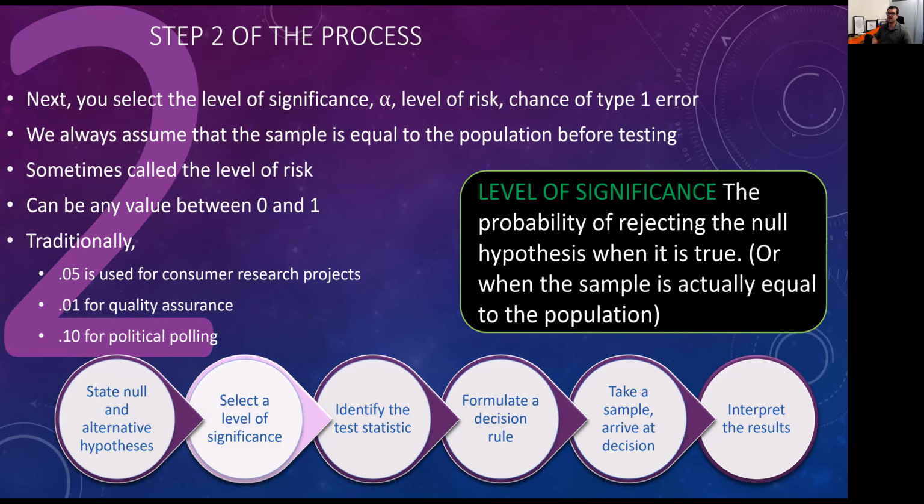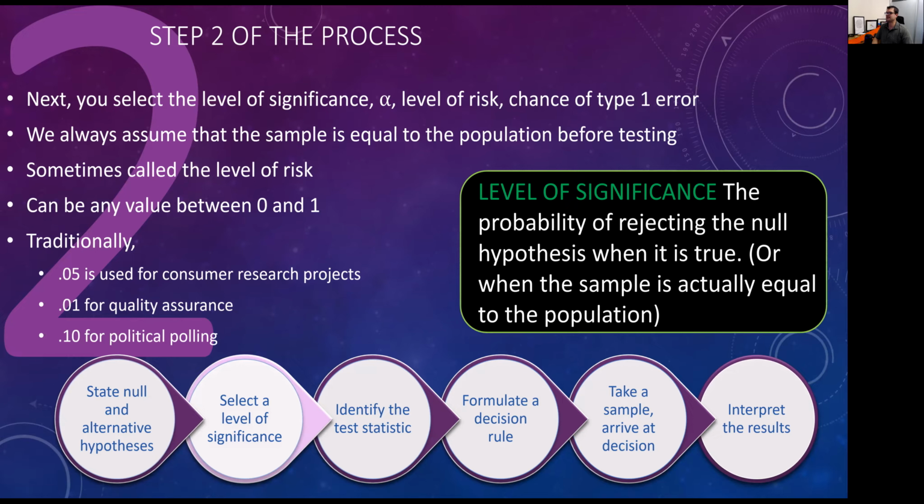It can be any value between 0 and 1, but we normally use something like 0.05, 0.01, 0.1. 0.05, it's basically saying you've got a 5% chance of being wrong, or saying that there's a difference when there really isn't. 0.01, it's like, hey, you really want to be accurate. You only want a 1 out of 100 chance of being wrong. And 0.1 is, hey, you've got a 10 out of 100 or 1 out of 10 chance of saying there's a difference when there really isn't.